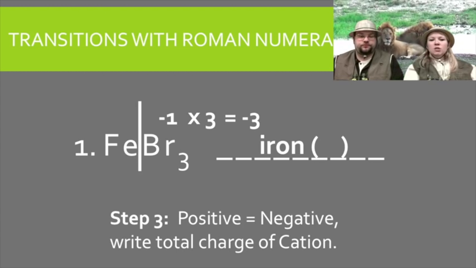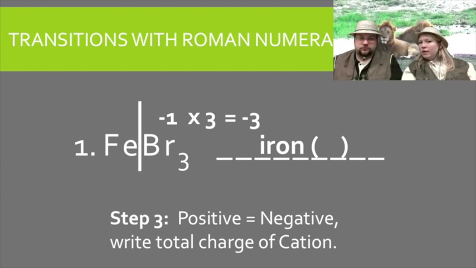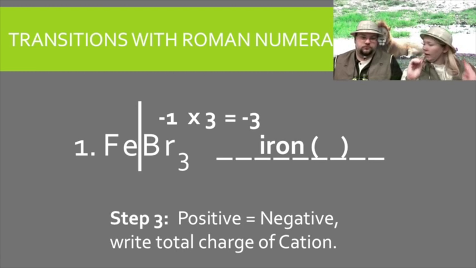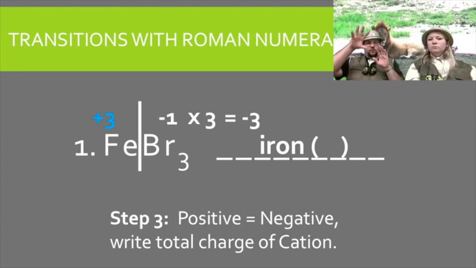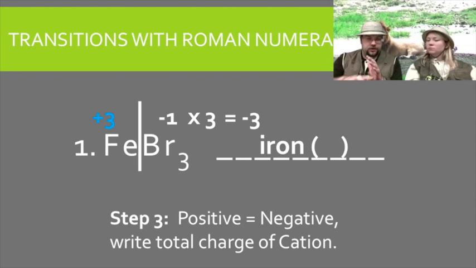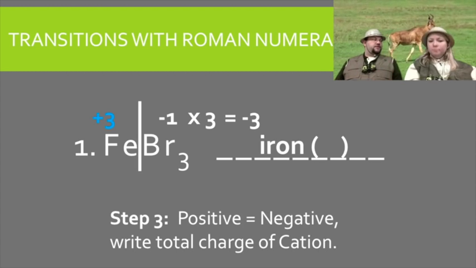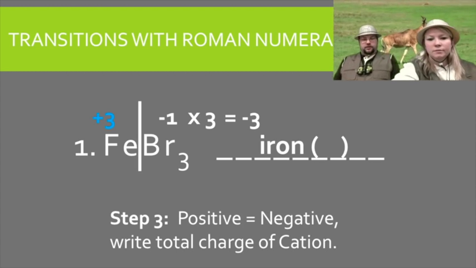We only have one iron, so the only way to put one iron with -3 of bromide is for the iron to cancel it out, so it has to be +3. They have to be the same number, opposite sign.